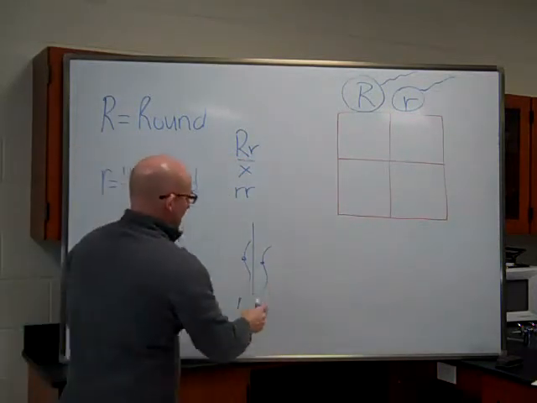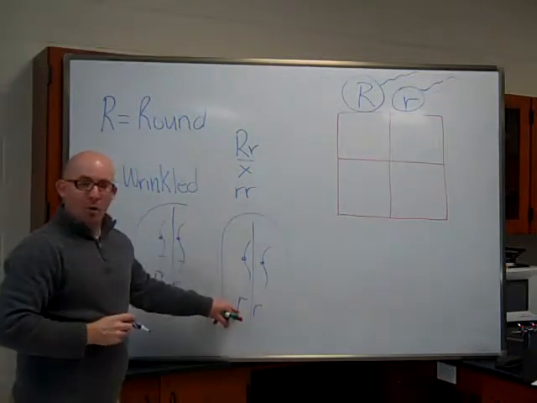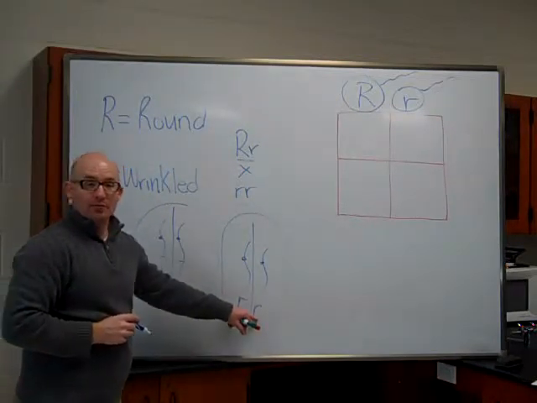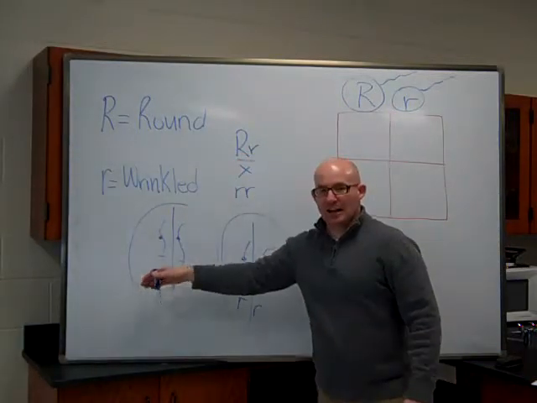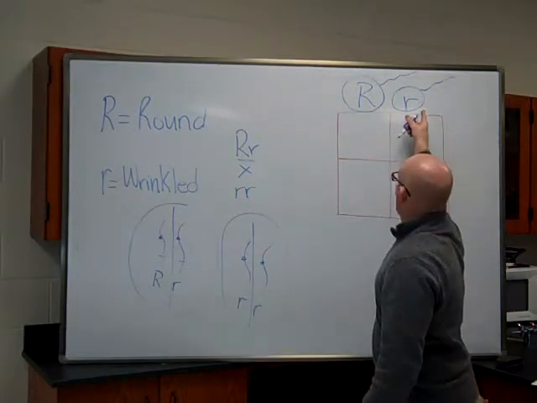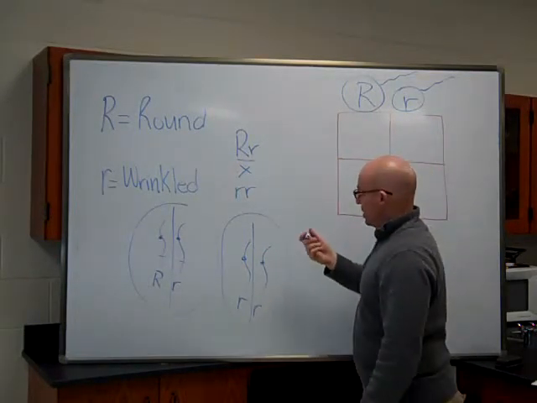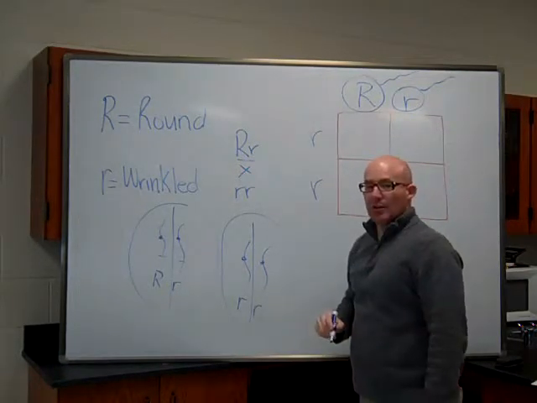Okay? So this parent can pass on either a big R or a little r. So half of their sex cells are going to contain a big R, and half of their sex cells are going to contain a little r. Now this individual can only pass on little r's. We will still write it like so in this case.